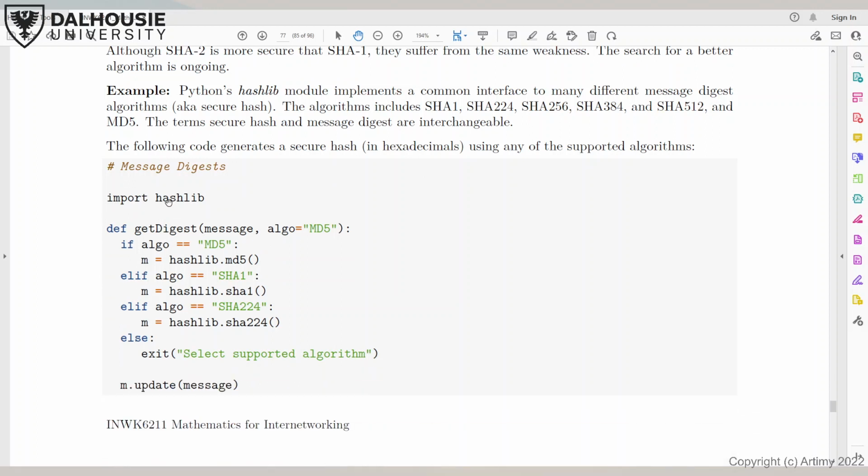There is a Python library called hashlib where you can try to generate different hashes using MD5 or SHA1 or SHA224, which is SHA2, right? Also, you may notice that when you download free software, or anything from the internet, the hash is given separately.